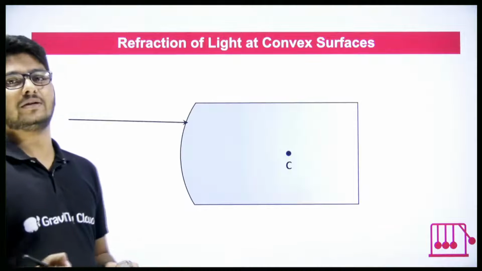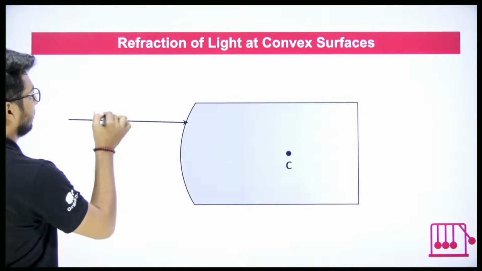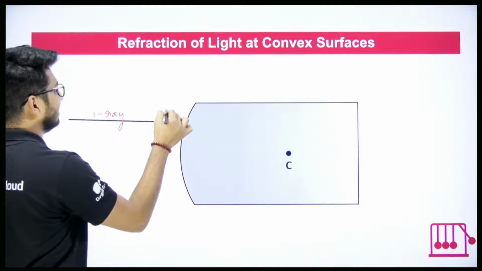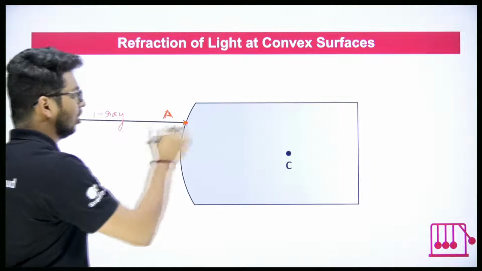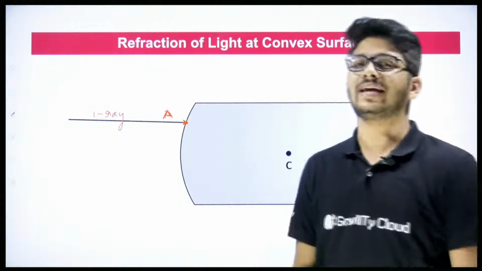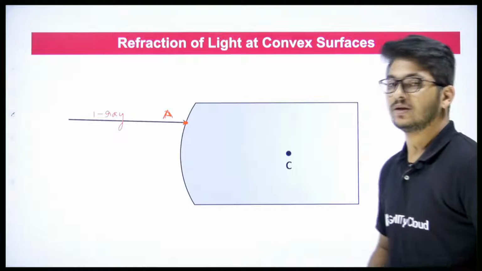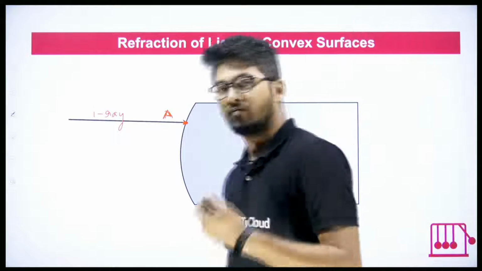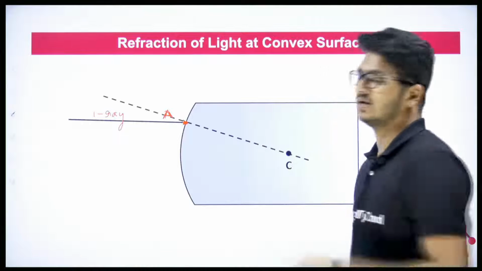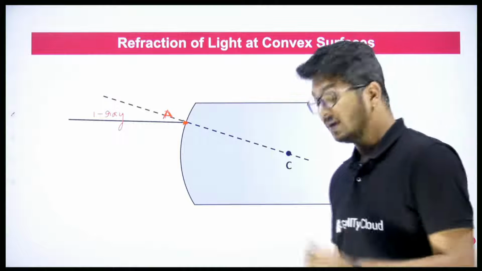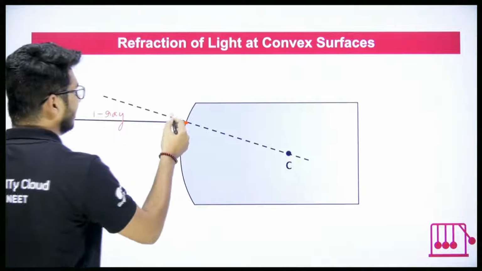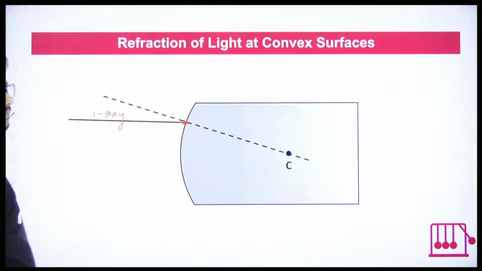Then I'll go into another case. Let's say this is the incident ray. Now look at this point A. Is the ray along the normal? No. So it is not the case of normal incidence. Then what happens to this ray? To figure that out, you have to first draw the normal. So this is the normal. Okay, we have drawn the normal. And then you have to identify which is the rarer medium and which is the denser medium.